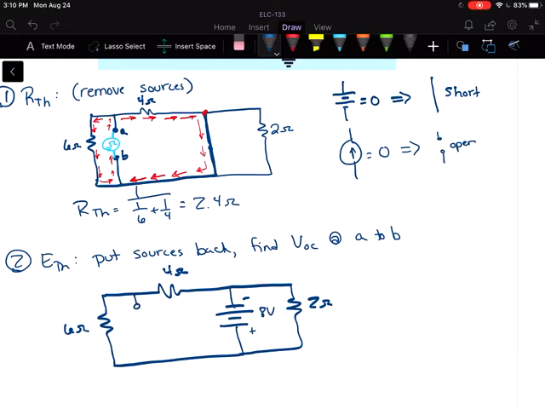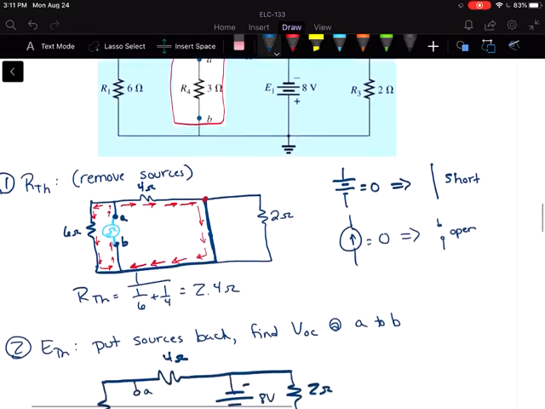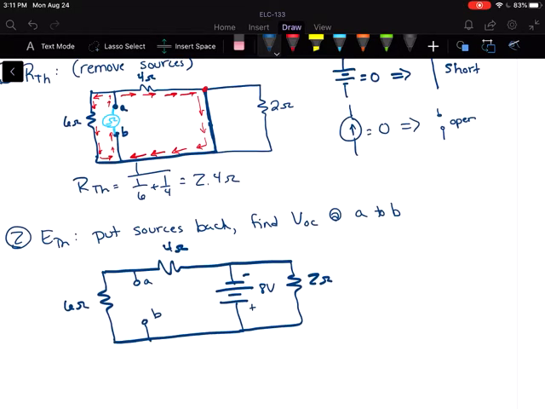And here were our terminals A and B. Again, don't lose those. Those are really important in finding our Thevenin equivalent circuit. So again, basically we're putting a voltmeter here, and we're measuring from A to B.